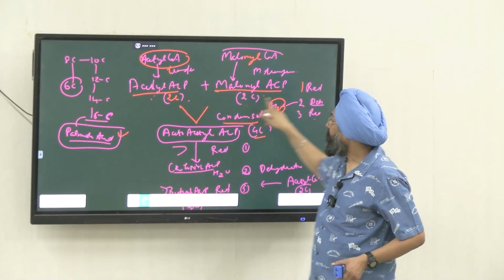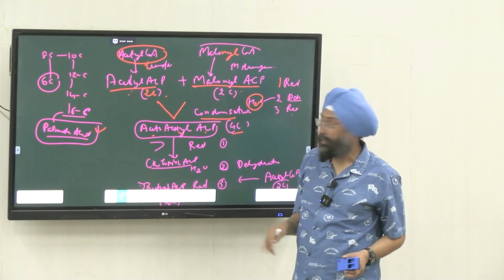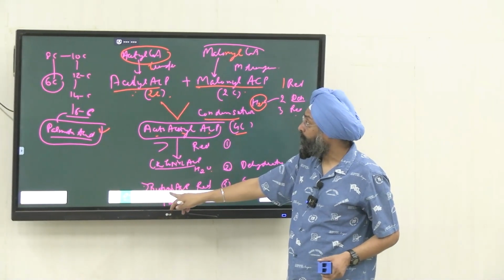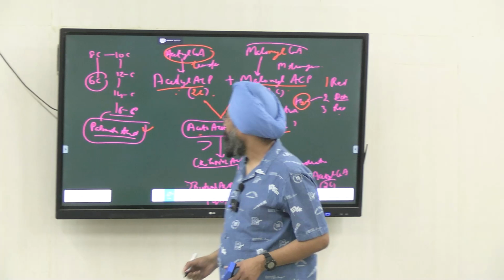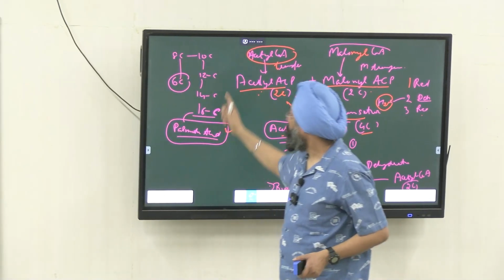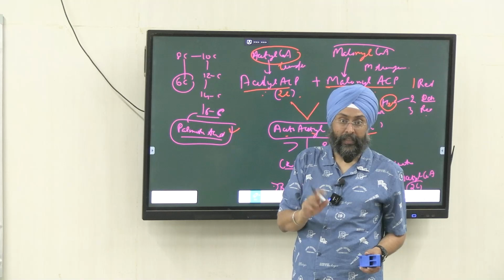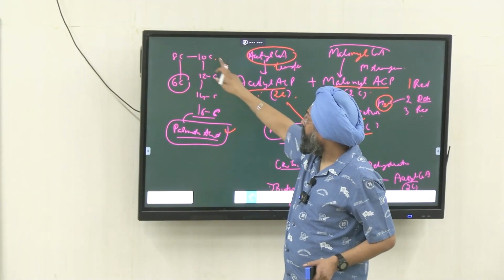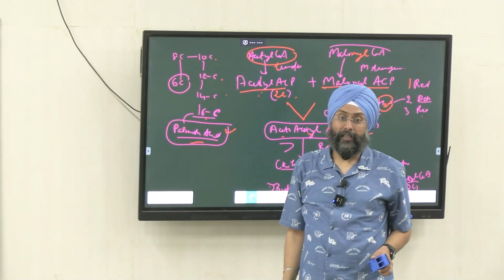Then those 2 carbon and 2 carbon condense to form acetoacetyl ACP. Then via reduction, dehydration, we finally get 4 carbon butyryl, right? After that you have to add 2 carbons by acetyl CoA via the same process. So 6 plus 2, 8 plus 2, 10 plus 2, 12, 14, and finally 16 carbon palmitic acid is formed.